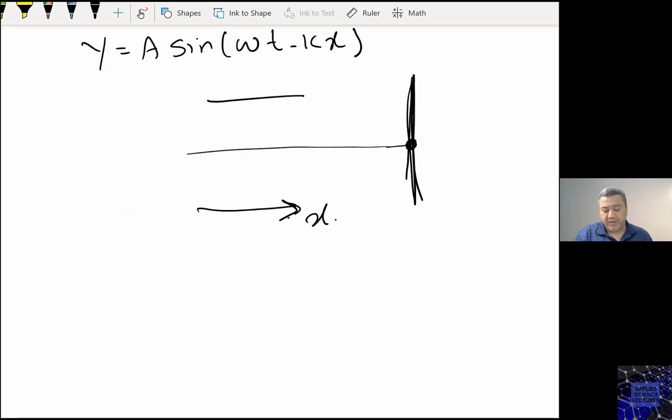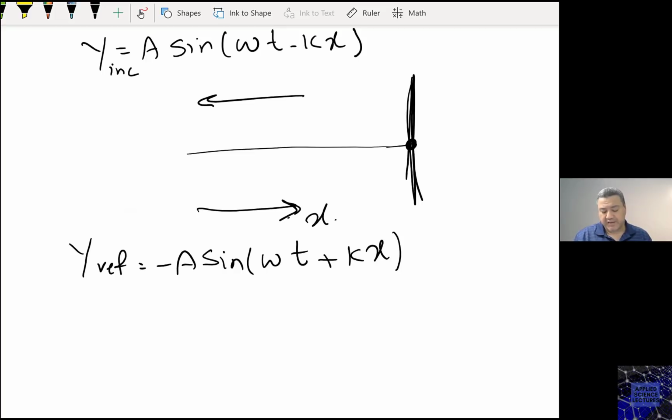Then the reflected signal will be minus A sine omega t, and if it's going in the negative direction, then this will be plus kx. Now, those two signals, the incident that's coming in this direction, so this is the incident, this is positive. So let me put my coordinates here.